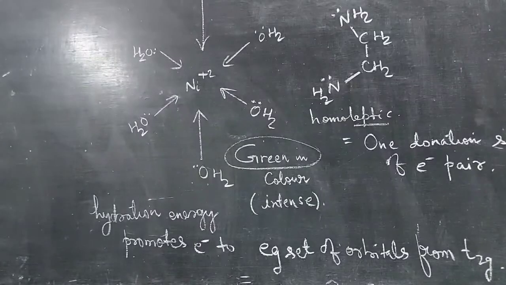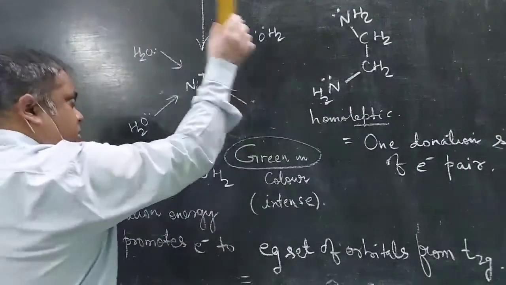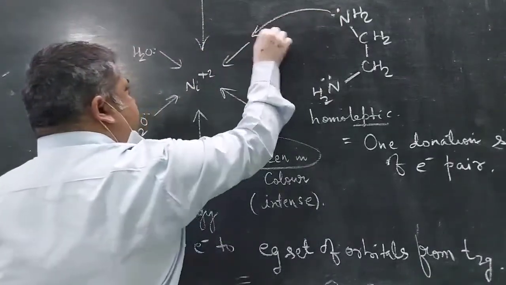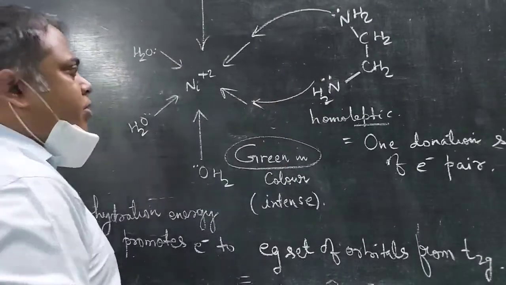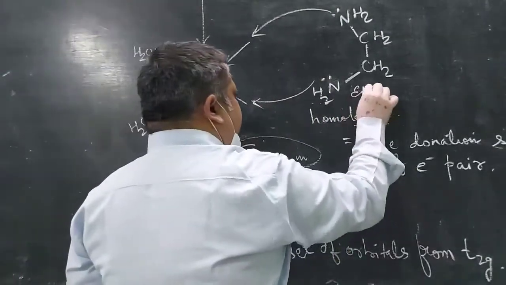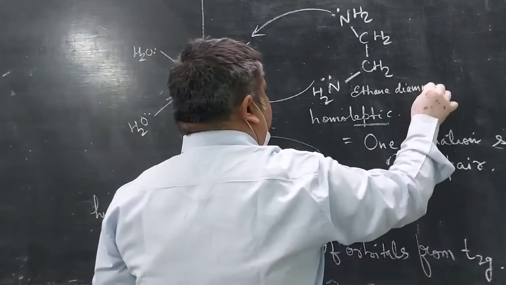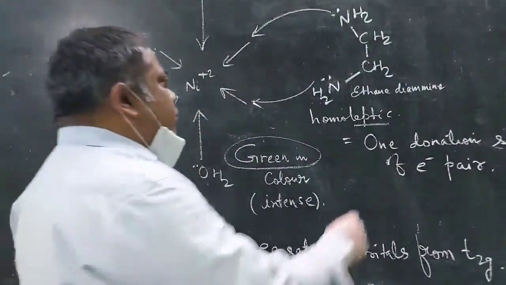So instead of two water molecules, if I substitute the water molecules with ethylene diamine or ethane diamine, then its color will become blue.